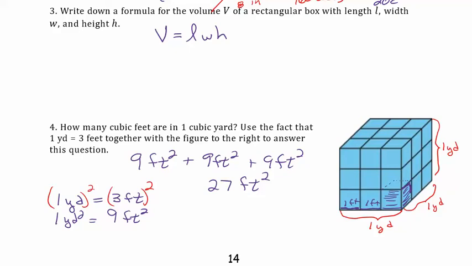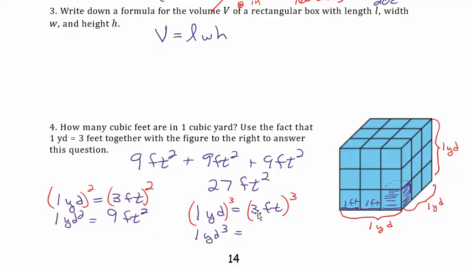But what if we want to make a conversion for volume? Well, now we need cubic units. So instead of squaring both sides, we're going to cube both sides. 1 times 1 times 1. 1 times 1 times 1 is 1. Yard times yard times yard is cubic yard. So here we have 1 cubic yard. On the right-hand side, we need to do 3 to the 3rd power.